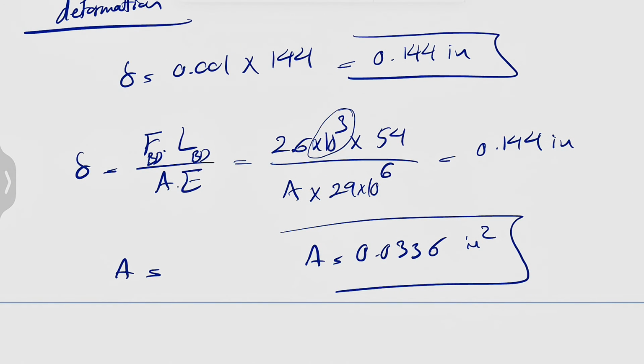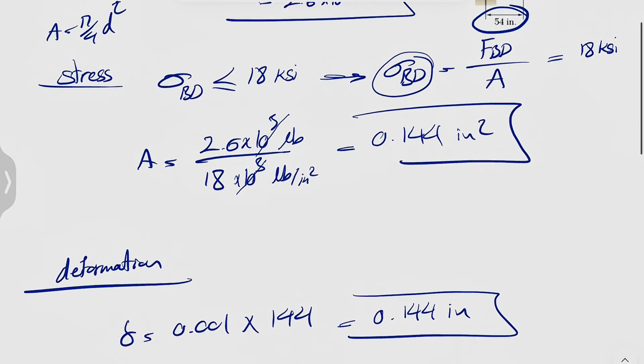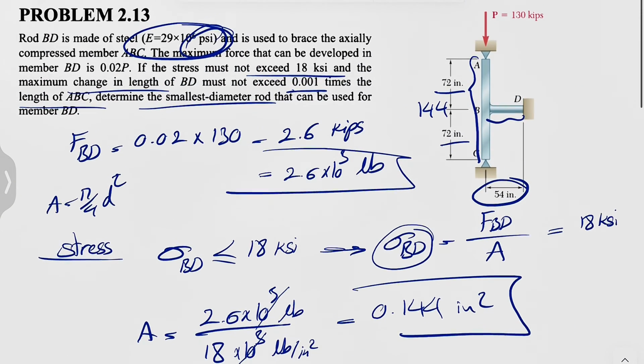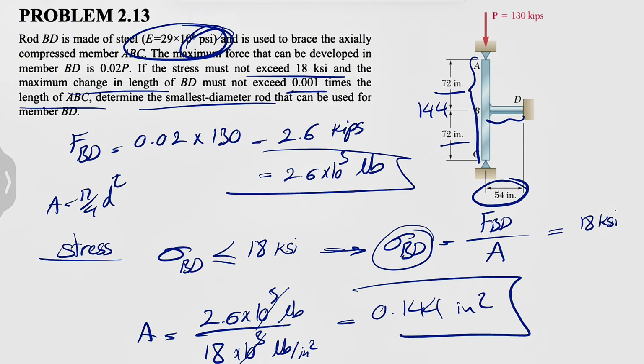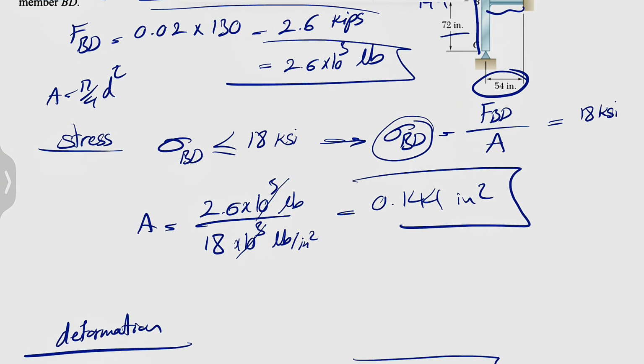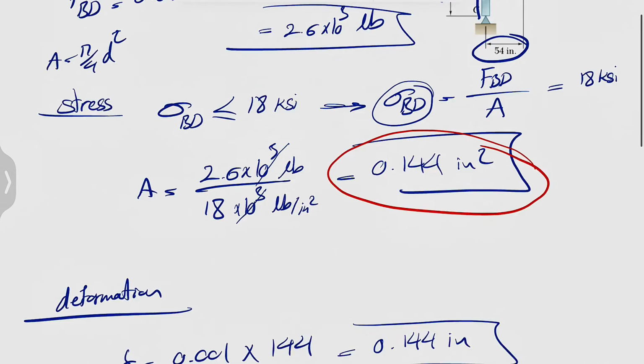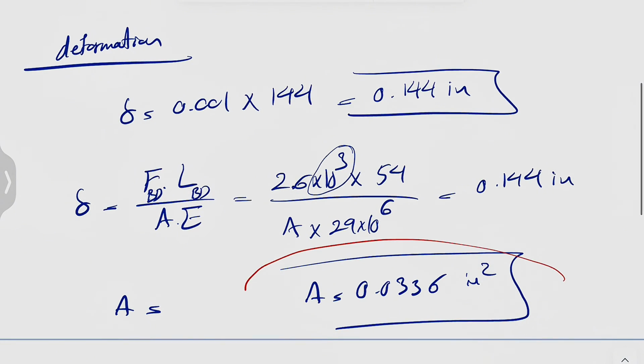Now we found two different areas, and the question is which one would be acceptable for us, because based on that we can find the diameter, which is what the question is asking. You might say, since the question is asking for the smallest diameter, we have to go with the smallest area, so between these two numbers, 0.144 and 0.0336, we're going to go with this one.